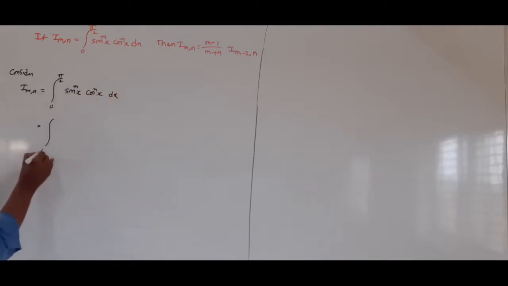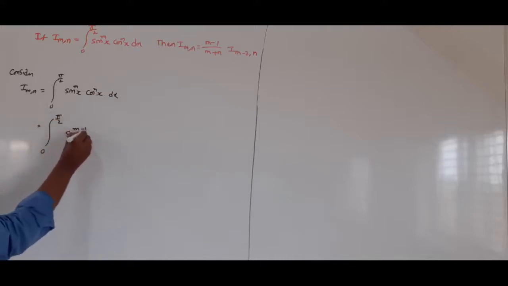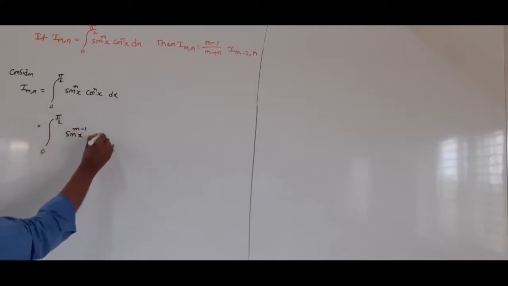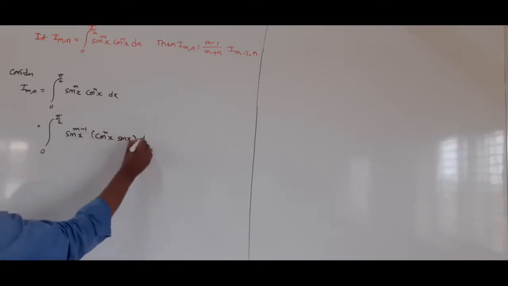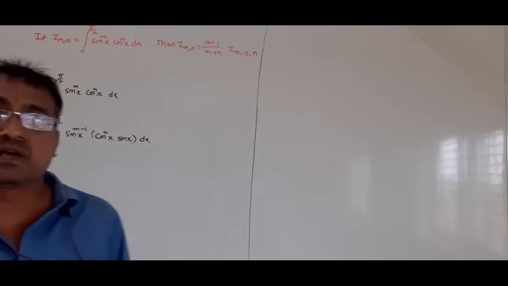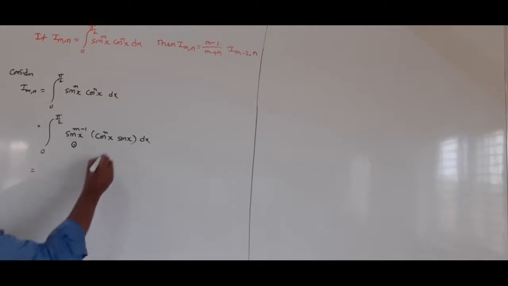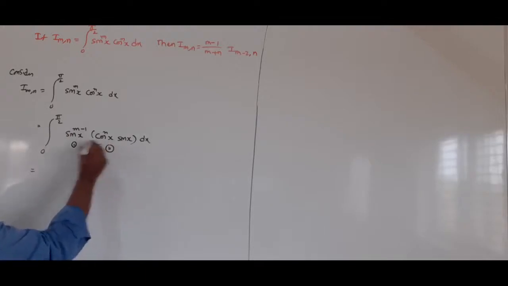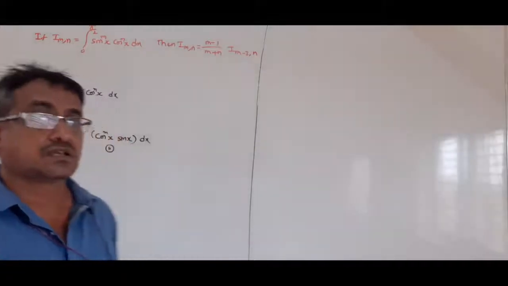Now this can be written as integral 0 to pi by 2 sin power m minus 1 x into cos power n x into sin x dx. Now let us apply integration by parts. In these two terms, the first function is sin power m minus 1 x and the second function is cos power n x into sin x dx.